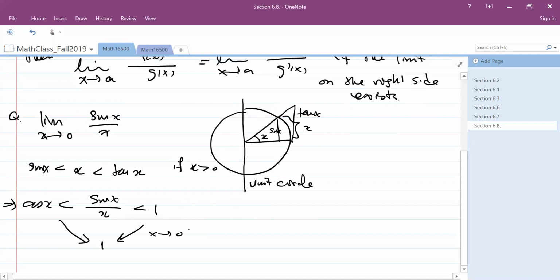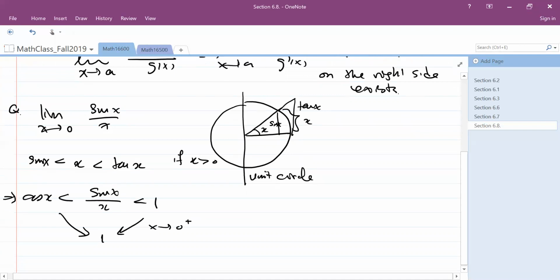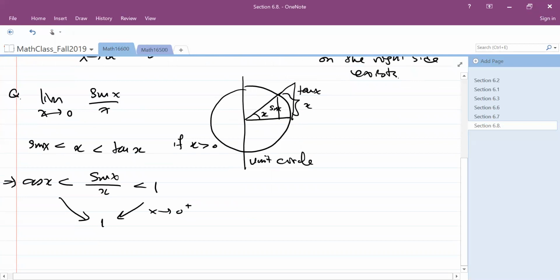This is for positive x, but when x is negative, you still get the same result. So this is our proof, and it implies the limit is going to be 1. For this particular problem, we have this geometry picture, so we know how to do that.